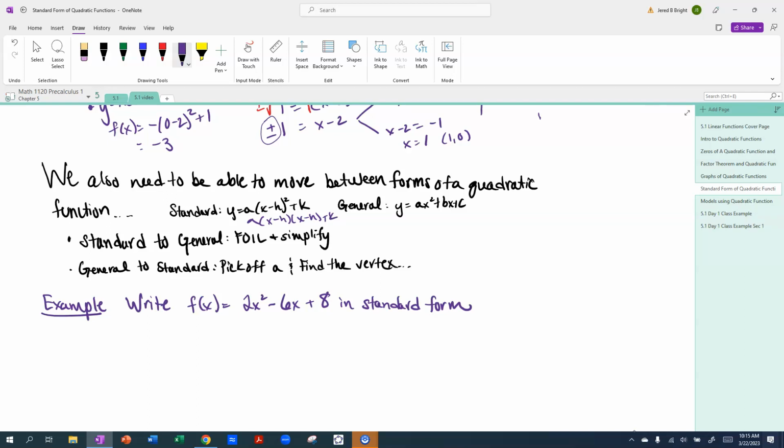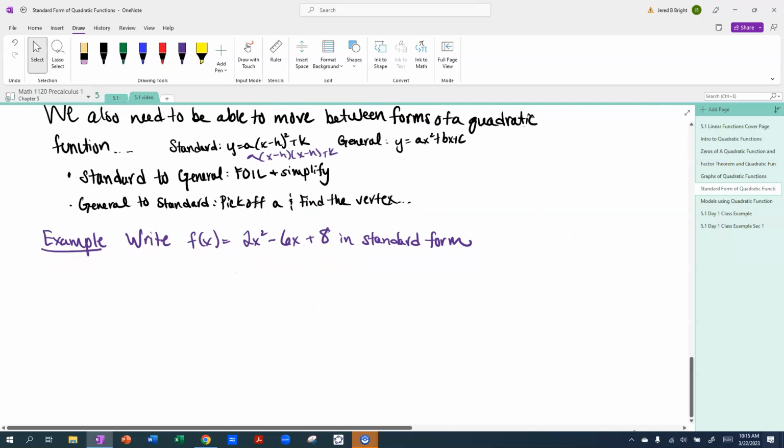But for going from general to standard, that's a little bit more difficult. Technically, you would need to complete the square, but maybe the easier way is, since h and k represent the x and y coordinate of the vertex respectively, just find the vertex and then put the numbers in, and pick off a. That's an easier task. So an example of that is in this one.